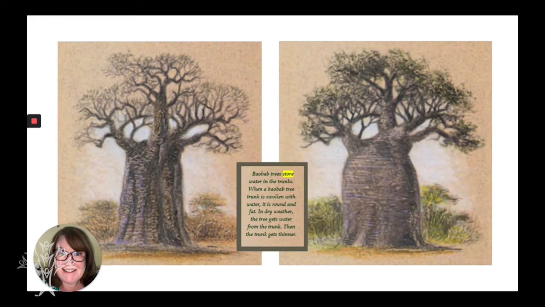In the left picture, the tree is thin and dry, kind of like our trees look in the wintertime with no leaves. But on the right, you can see that the tree is thriving. There's leaves, and the trunk has gotten big and plump with all the water. These two pictures help us understand what the author was telling us about how these trees operate.